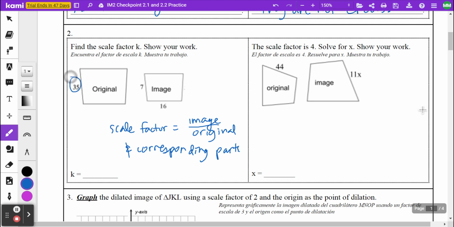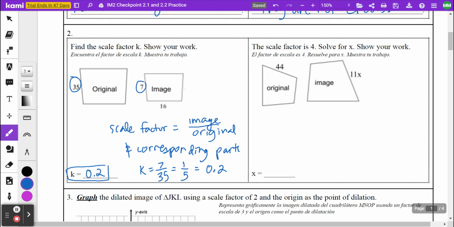Our corresponding parts that were given are 7 and 35. So our scale factor, k, equals 7 over 35, which is 1/5. So k is 0.2. You can also use a calculator to do that. I'm going to write my answer as a decimal. I would have taken any of these versions. Just show me that you know how to find scale factor.